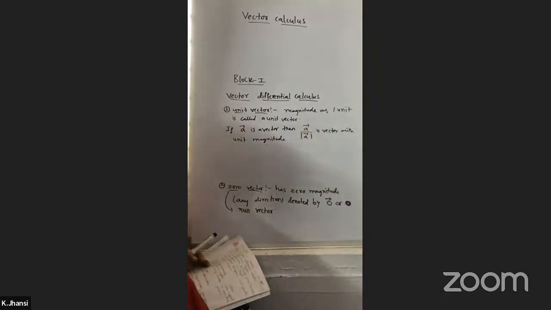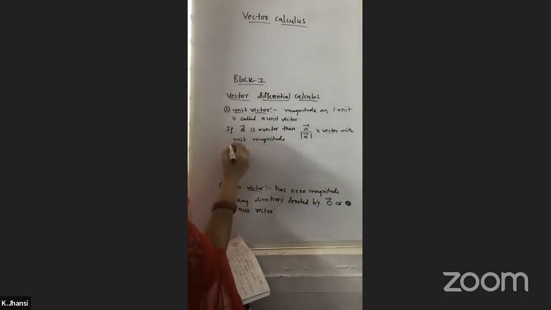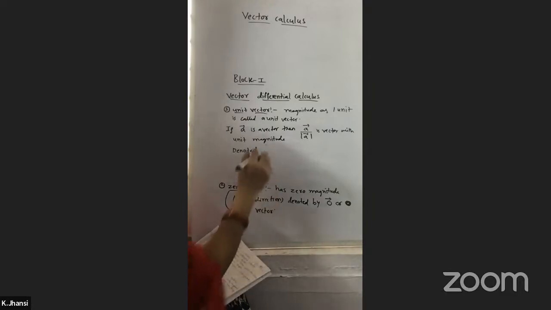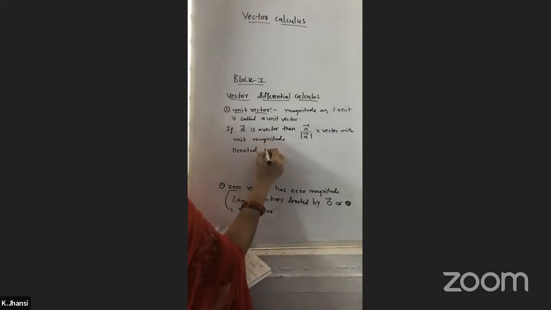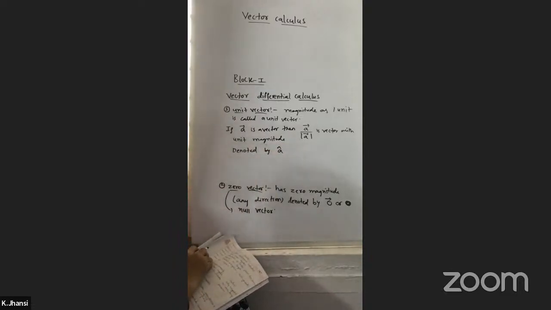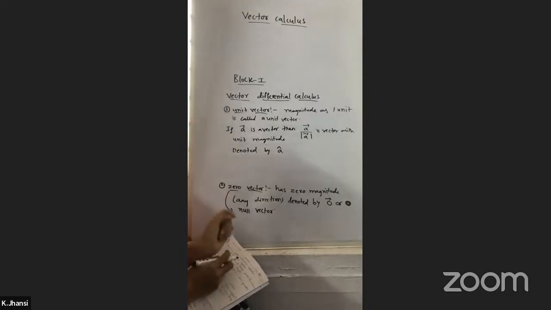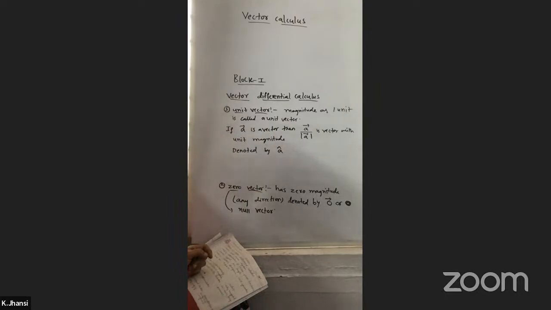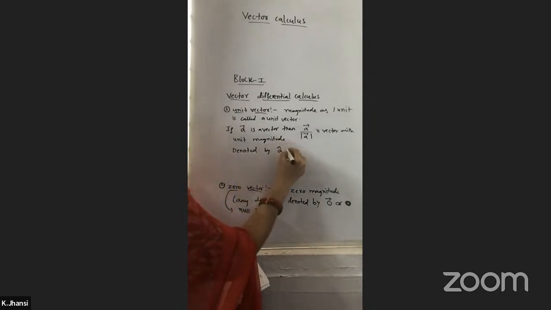Instead of this arrow, we'll write it like this, with a cap. If there is an arrow mark above a value, it is a vector, and if there is a cap like this, it represents a unit vector. Okay, it is called A cap.